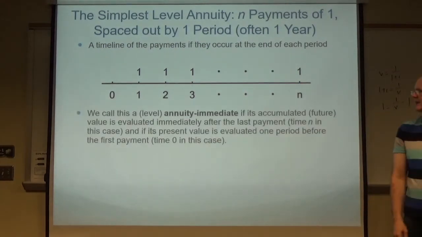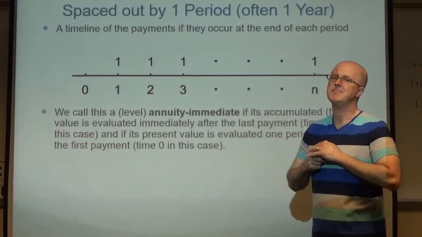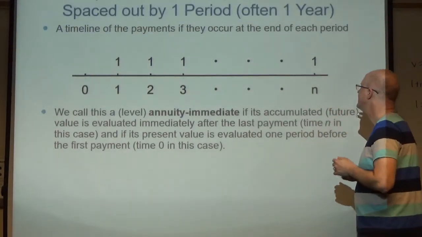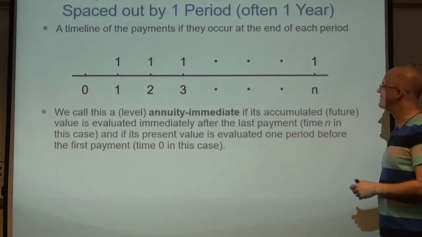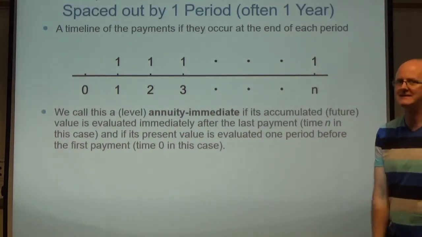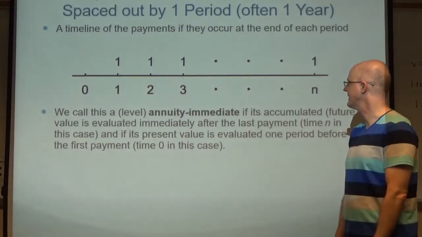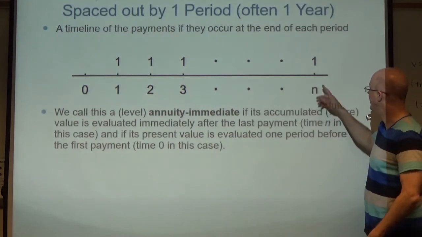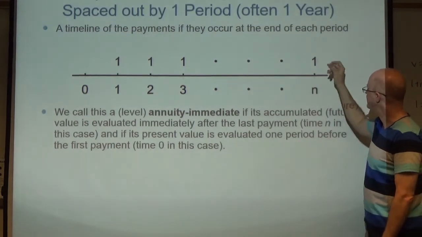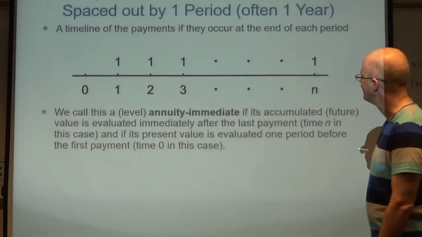We call this kind of annuity an annuity-immediate if the accumulated or future value is evaluated immediately after the last payment. And as far as I can tell, that's the origin of the word immediate. The future value is evaluated immediately after that last payment, an instant after you make it.